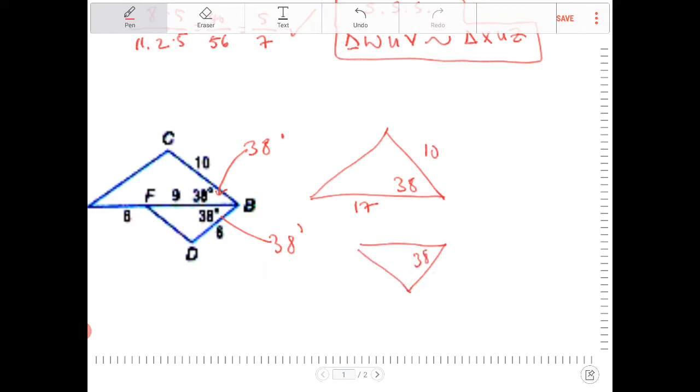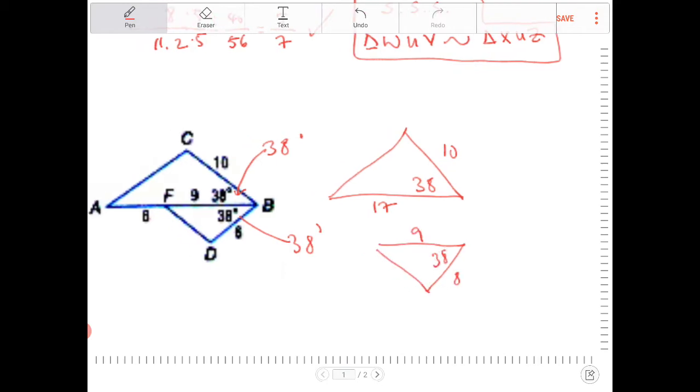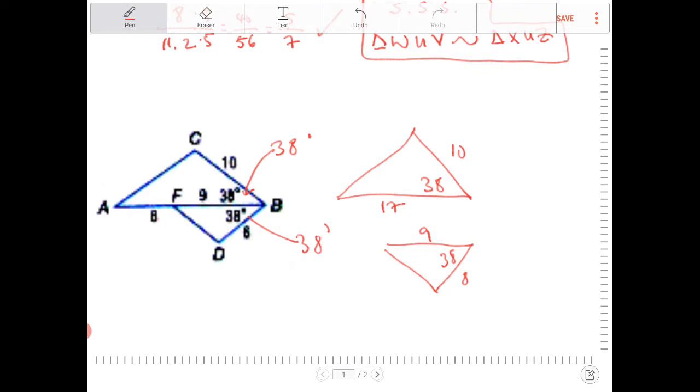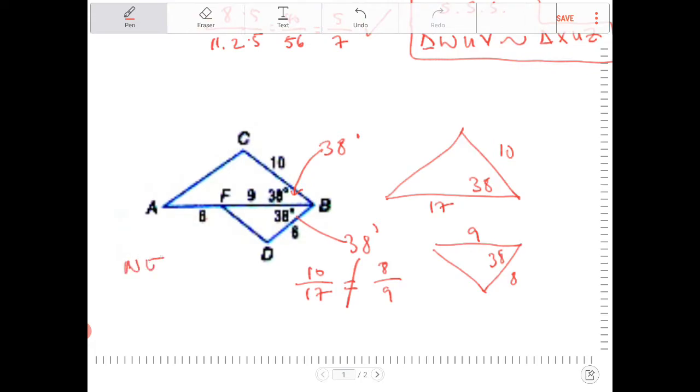This is 38. This is 8 and 9. So do I have a side-angle-side relationship here? Well, I can see that 10 to 17 is the same as 8 to 9. These are not the same, right? So these are not similar.